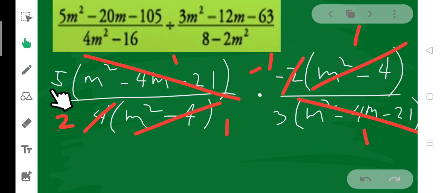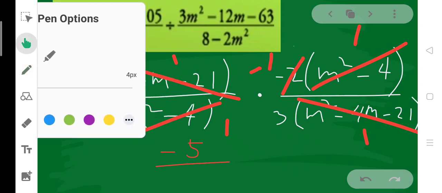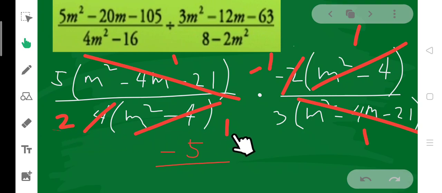So we have 5, 1, negative 1, and positive 1. So 5 times 1 times negative 1 times positive 1, that is negative 5 over 2 times 1 times 3 times 1, so that is 6. So this is now our final answer.